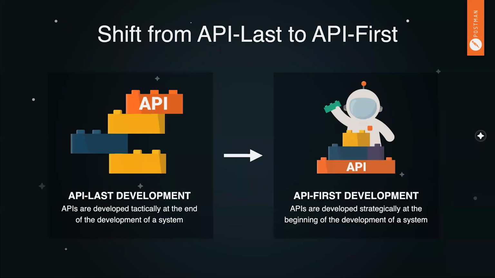All of this has really showed the average business and enterprise institution, government agency, that you have to be thinking about APIs first. You can't be doing API last development where you build all your web, mobile, and other applications first, and then your APIs are an afterthought, something you build along the way or after the fact once you've already published your applications.